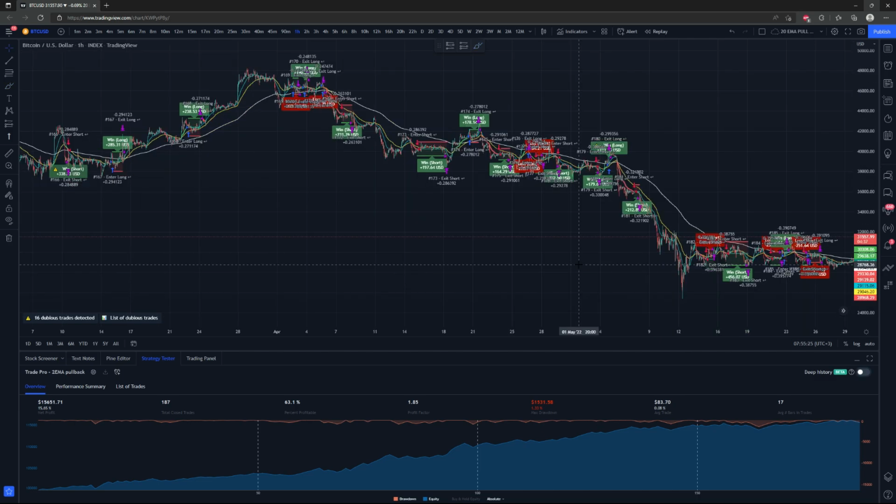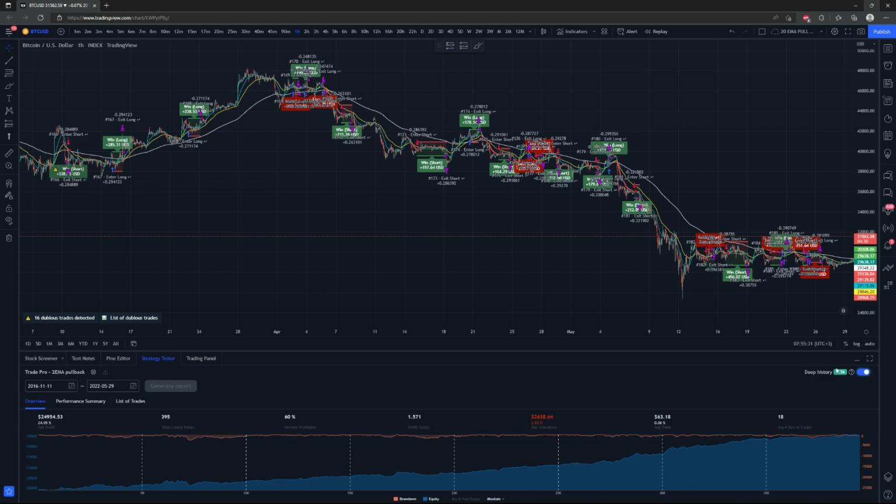Now I'll turn on deep history to increase the sample size of back-tested trades and see if the results can hold up. So turning that on, we go from 180 trades to 395 closed trades, and we still see this maintaining its edge in the market with still a 60% win rate using a 1-to-1 risk to reward ratio.